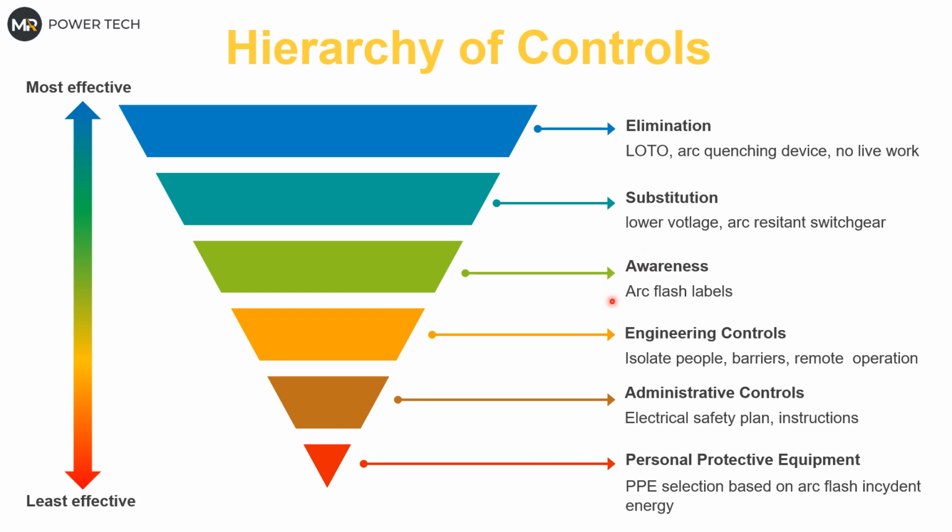Awareness, I treat it as arc flash labels, but what we do now is also part of it. Engineering controls, so isolate people, put some barriers, do remote operation. Administrative controls, so an electrical safety plan, nice to have. And I would say, even if this is not legally required in your country or your place, it's still nice to have it because it makes things much easier and clearer.